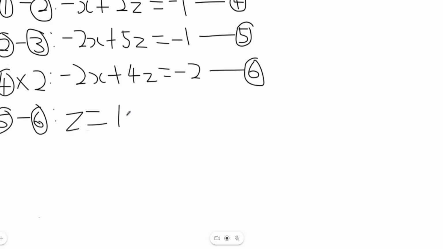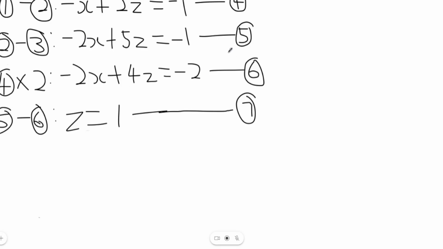So z equals to 1. We have found the value of z. We have to label this again. Now, once we have found the value of one variable, we have to then substitute it into the equation above. So you can substitute it into either one. You can substitute it to 5 or to 6 to find the value of x.